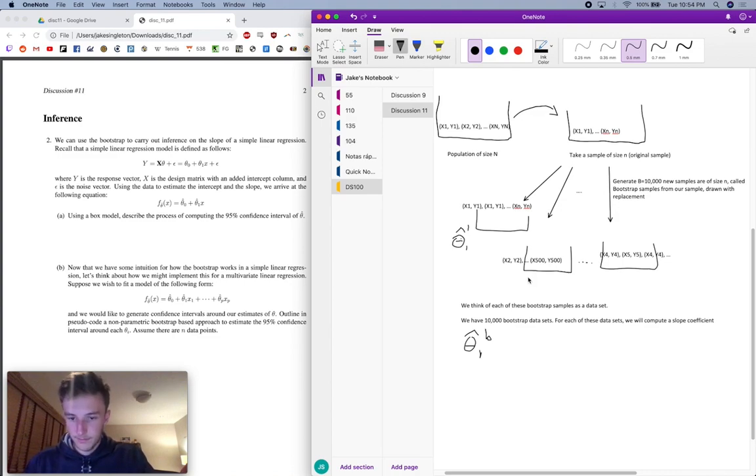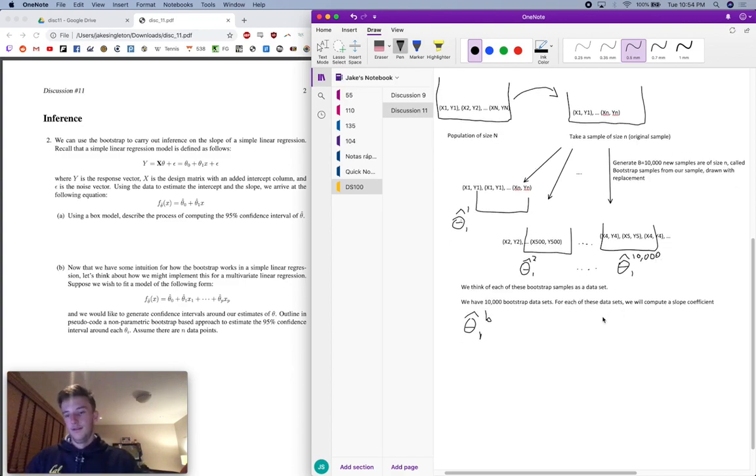And here we calculate theta 1, 2, all the way up to theta hat, because this is an estimate. In this case, b is 10,000, so here we would have theta 1 hat, 10,000. In this way, we can calculate 10,000 different estimates for theta 1 hat.